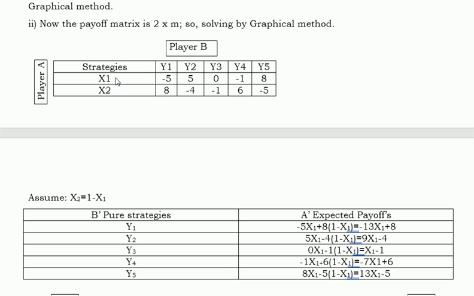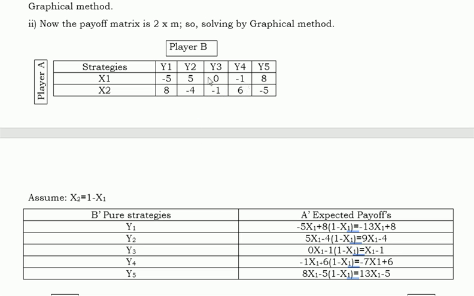for y1: minus 5 into x1 plus 8 into 1 minus x1, and solving it, that is minus 13 x1 plus 8. Similarly for the second one, 5 into x1 minus 4 into 1 minus x1, that is 9 x1 minus 4. And similarly for y3, 0 into x1 minus 1 into 1 minus x1, that is x1 minus 1.